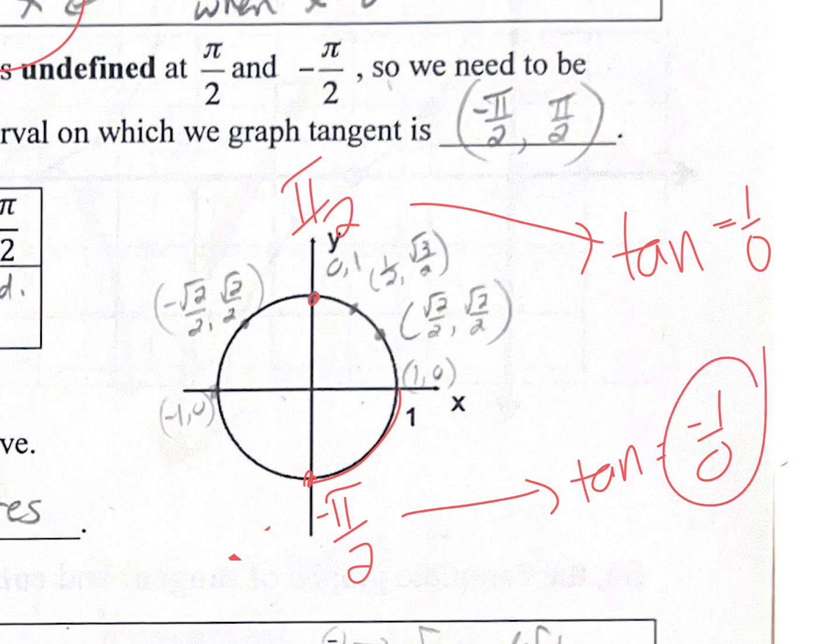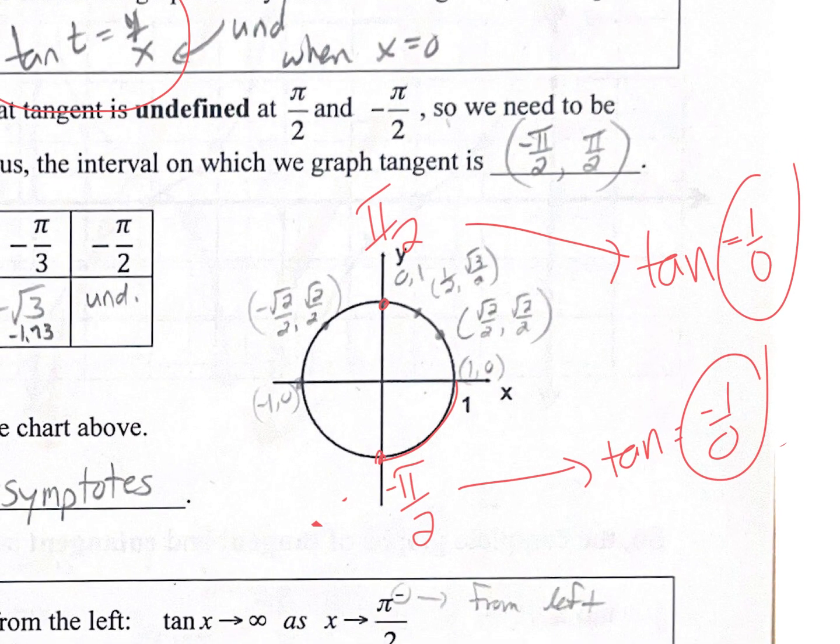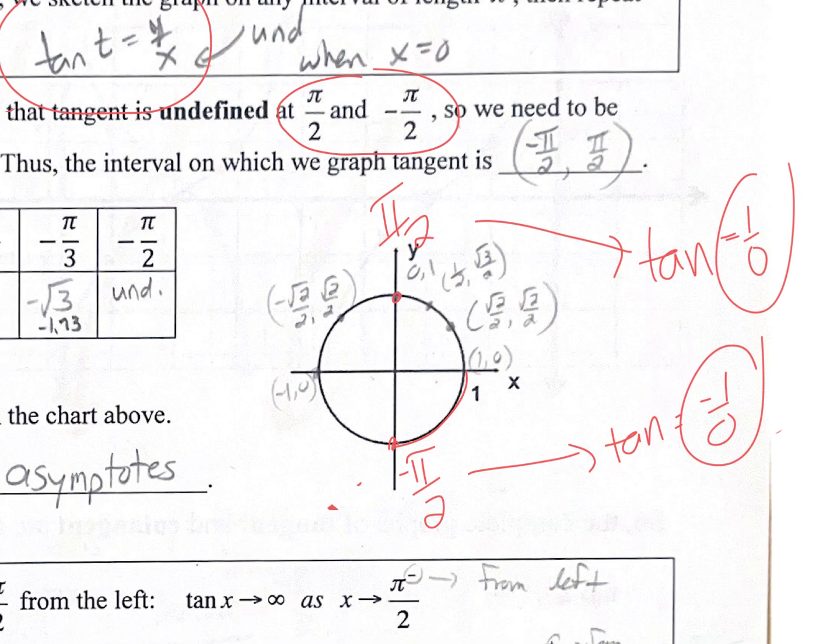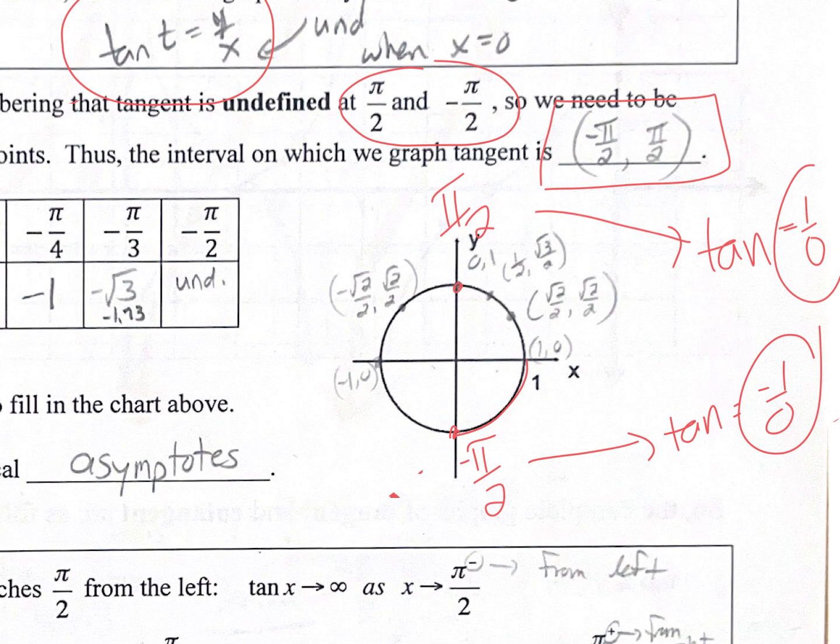So both of these are undefined because the denominator is 0. So the tangent is undefined at pi over 2 and negative pi over 2, and the period runs from negative pi over 2 to pi over 2. We're going to talk about how to graph that in a second.